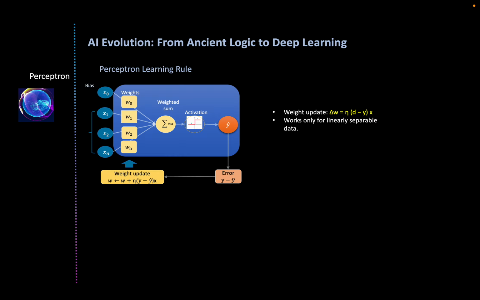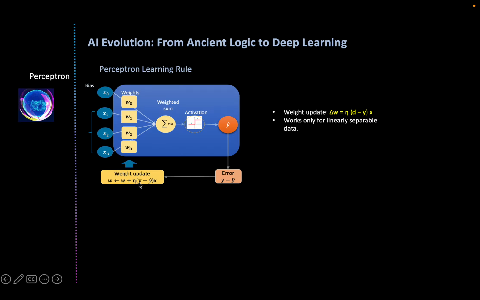The network computes the error value, which is the difference between actual and prediction. Here in our example, the prediction is 300K and actual is 400K, and there is a difference of 100K error. That error value is multiplied by its input value, which is one of the values of the input vector, and then multiplied by the learning rate eta.